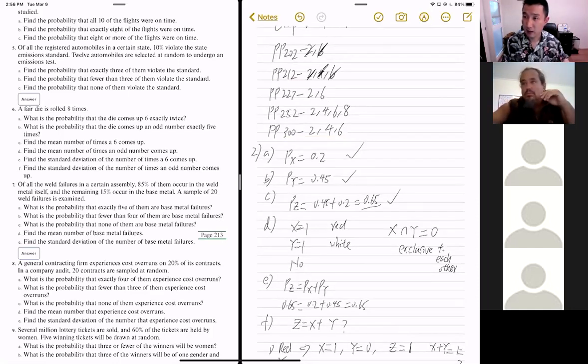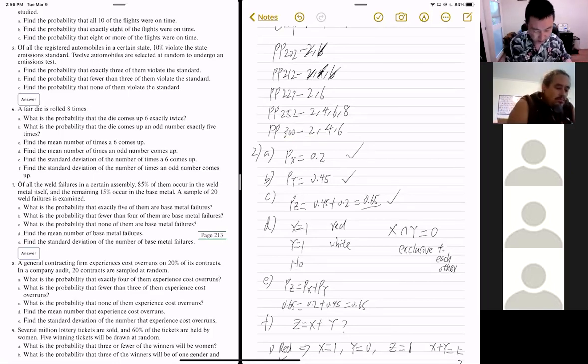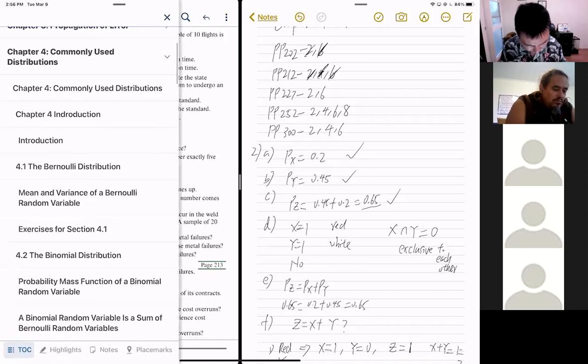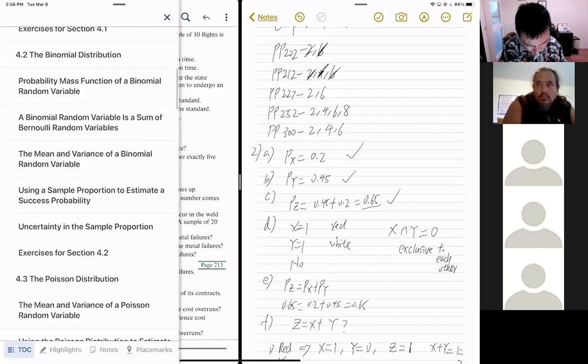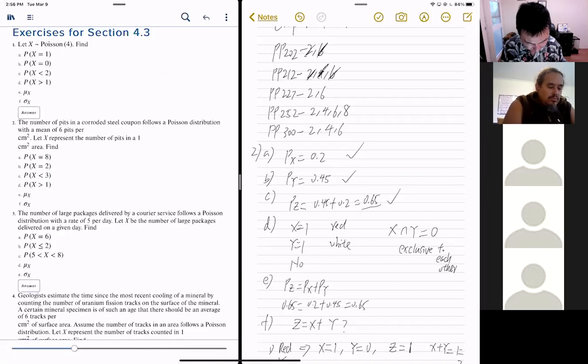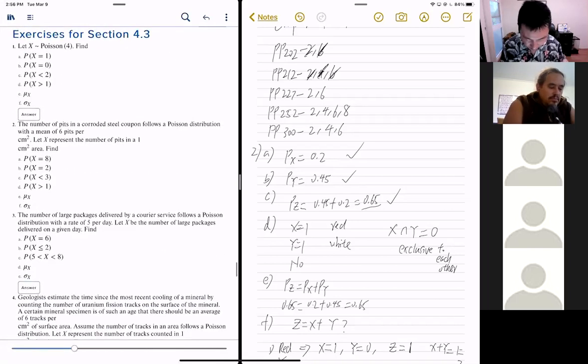All right, we have around 19 minutes. Let's look at section 4.3, on page 227. First is question number 2.